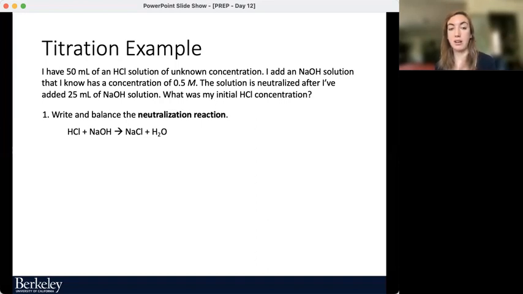So this is already balanced. I can check that there's the same number of everything on both sides. And so I'm done. I have written and balanced my neutralization reaction. But I have to check that I've balanced the stoichiometric coefficients correctly. I always want to end up with salt of some kind and water.